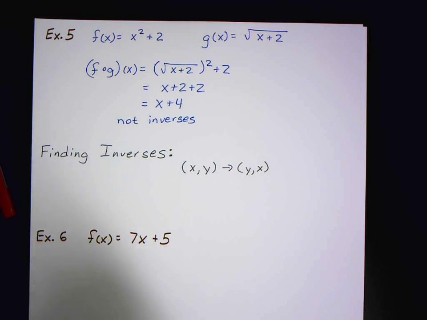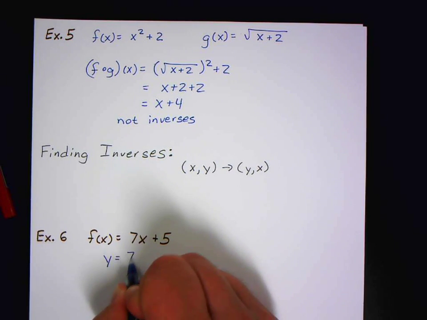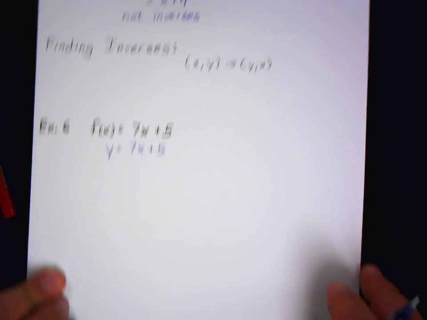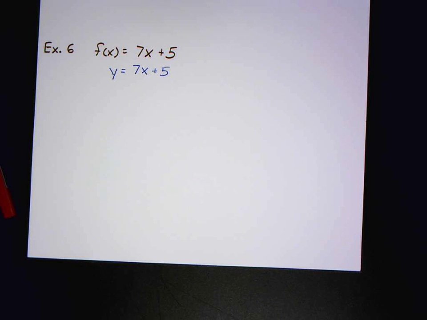So what I'm going to do is, first of all, I don't want to mess with writing f of x all the time. So I'm going to switch this to y. Okay, now, to get my inverse, all I need to do is switch my x and my y.